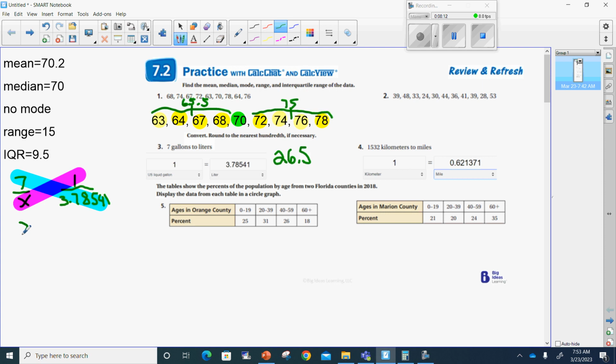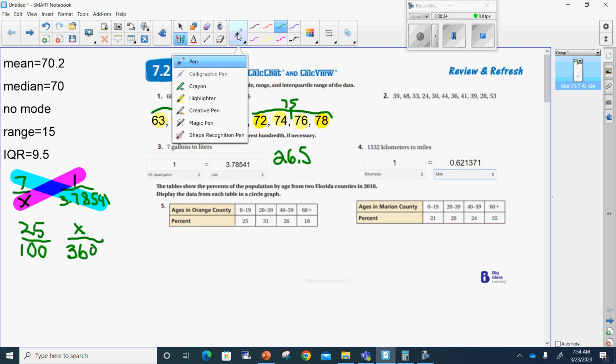If I took 25%, remember I'm taking 25% out of 100% of my data. But when I'm comparing it to the percent of a circle, I remember that a circle has 360 degrees, and I'm trying to find out how many degrees 25% is going to be.